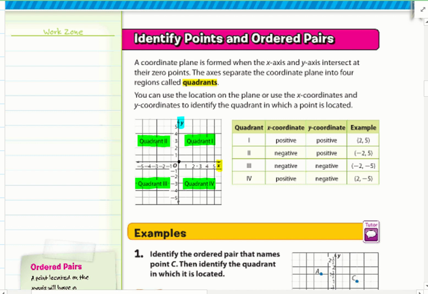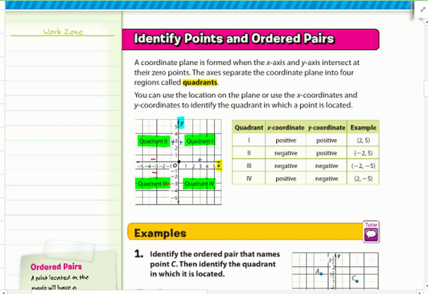Quadrant 1 has all positive numbers. So these are positive, these are positive. Quadrant 2, the x's are negative and my y's are positive. In quadrant 3, I have negative x's and negative y's.